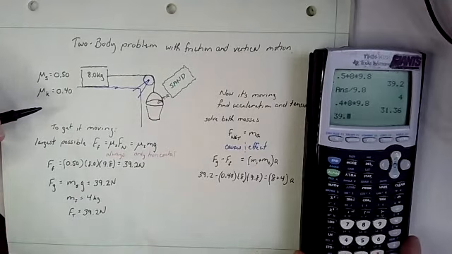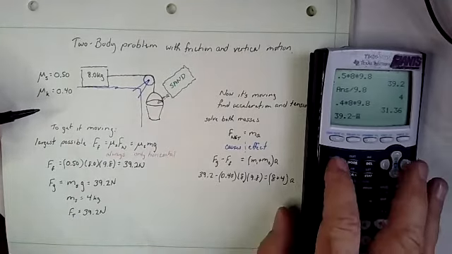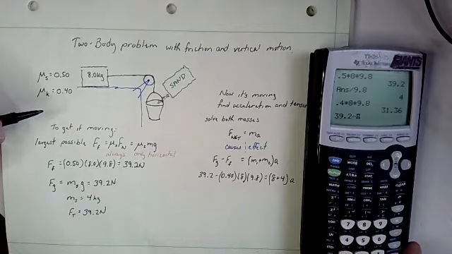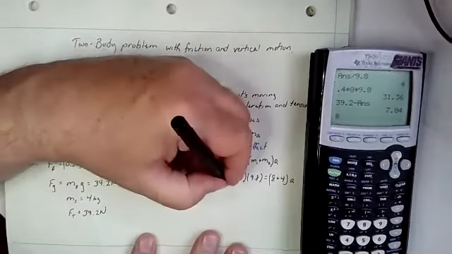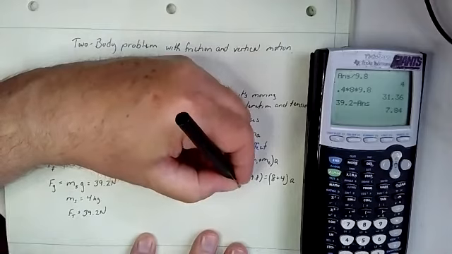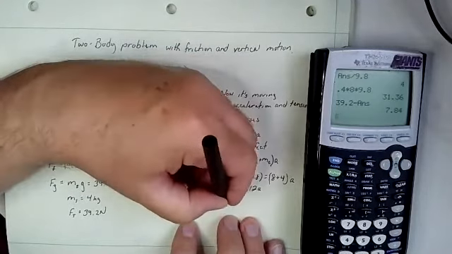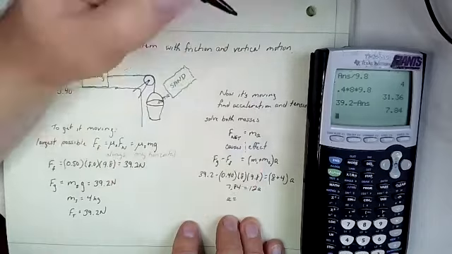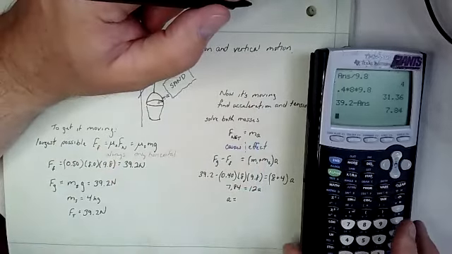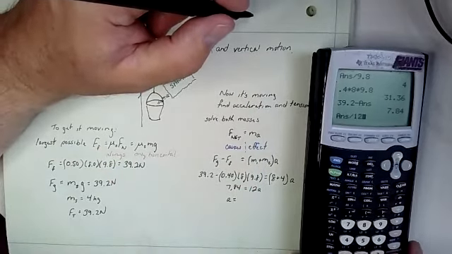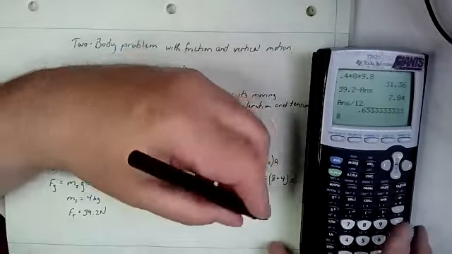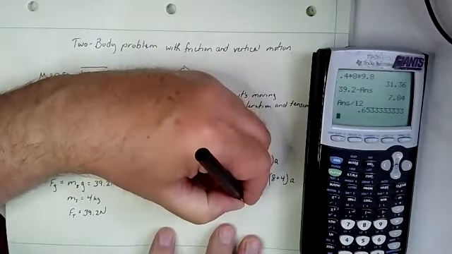So 39.2 minus the answer I just got is 7.84. And then that's equal to 12 times the acceleration. So we can find the acceleration, and that's equal to 0.65.